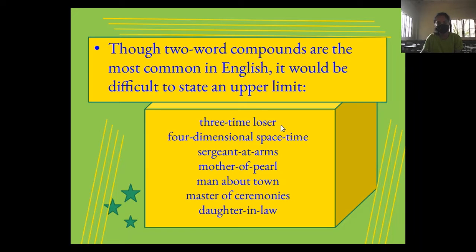Three-time loser. There are three words here, and in this group of words there is a dash in the middle, and here there is only a space. Four-dimensional spacetime. Sergeant at arms, mother of pearl, man about town, master of ceremonies, daughter-in-law.